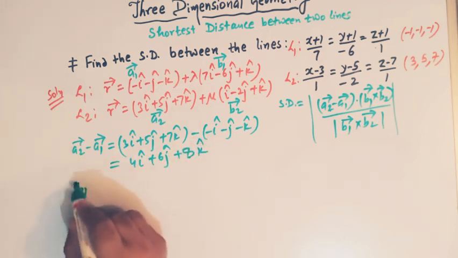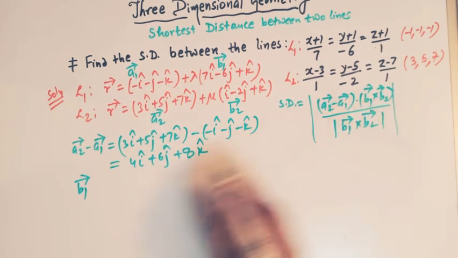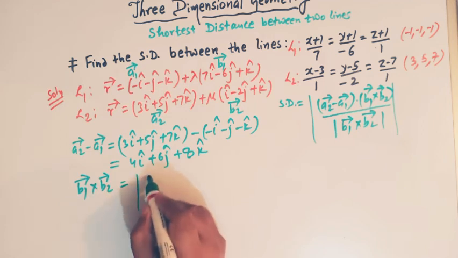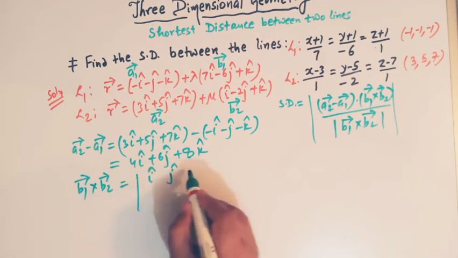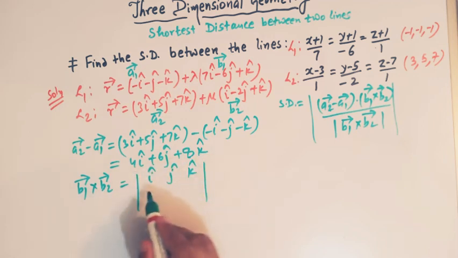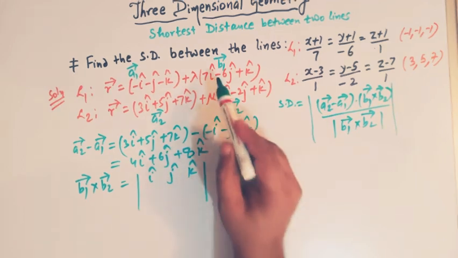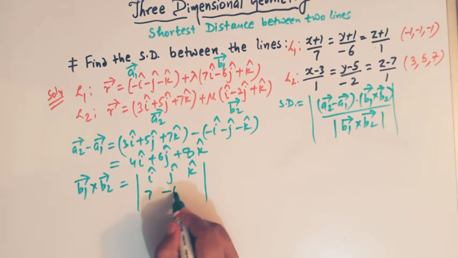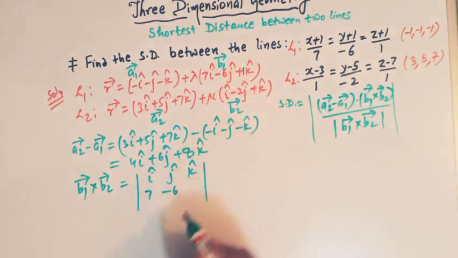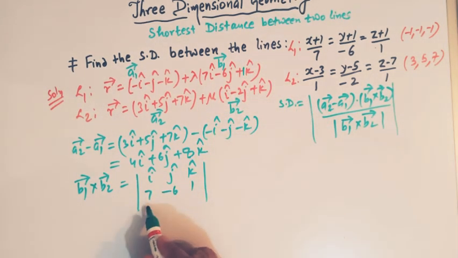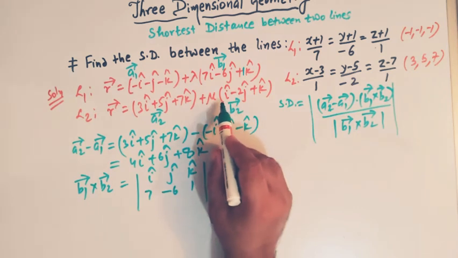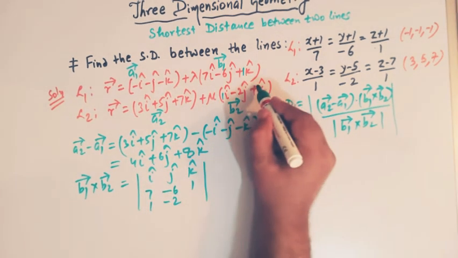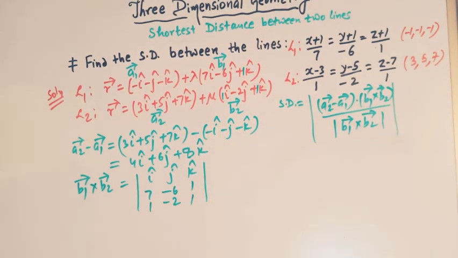And the vector b1 cross b2 is given by this determinant, and the second row is occupied by the numbers 7, minus 6, and 1, and the third row is occupied by the numbers 1, minus 2, and 1.